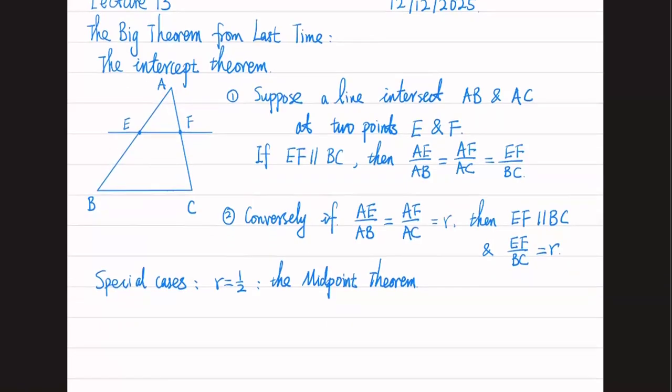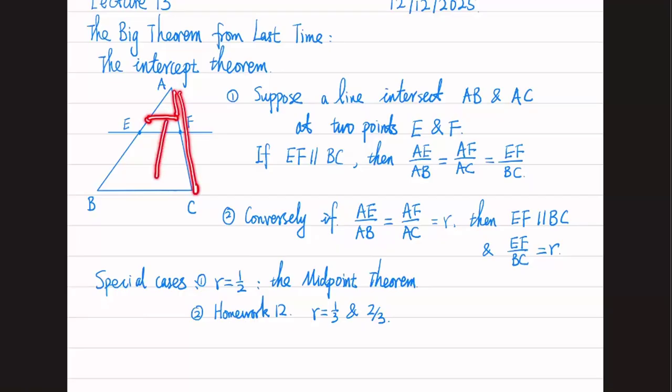And in our homework, you did the case when R is 1/3 and 2/3. And you proved that if this is the 1/3 point, we draw a parallel line, then this will be the 1/3 point of AC.